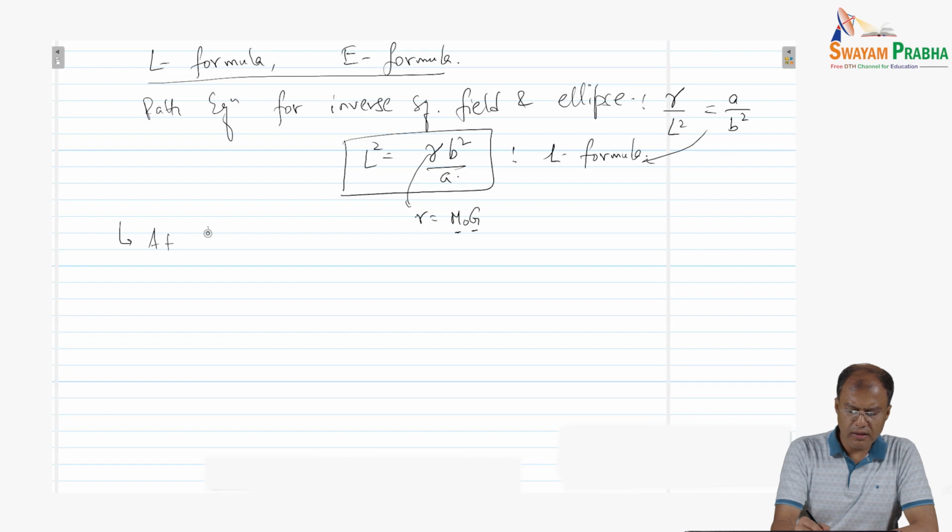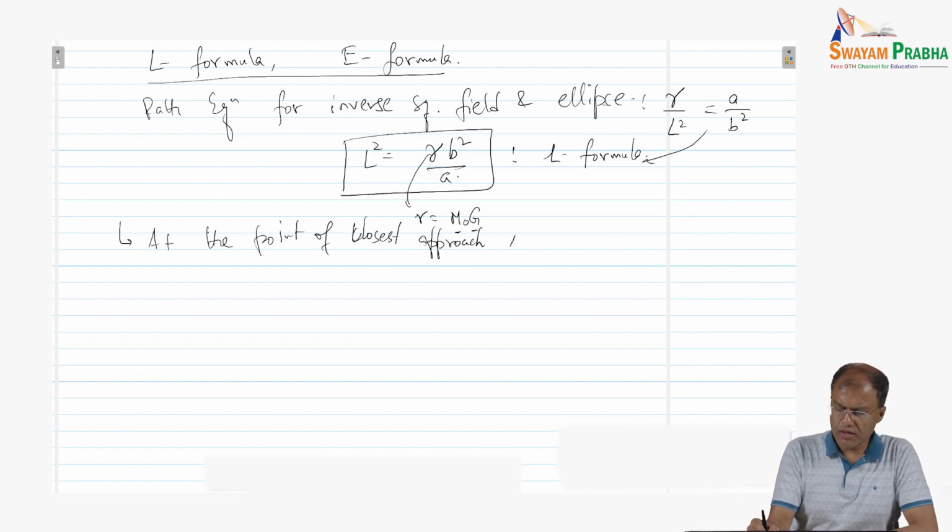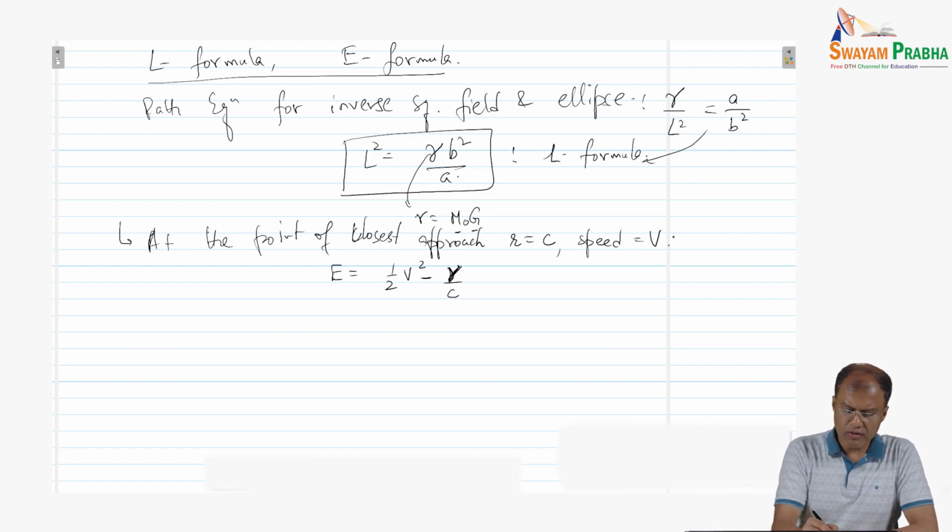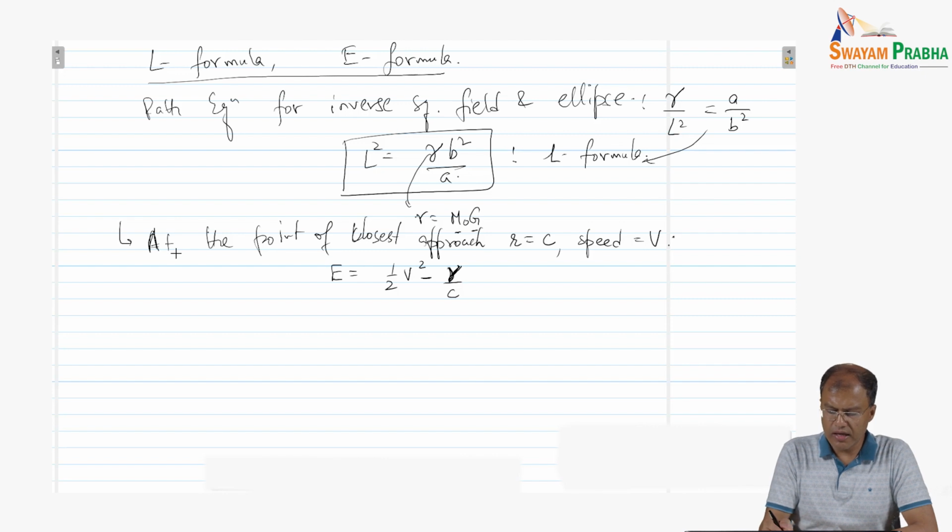Then suppose we look at the point of closest approach, let us say at r equal to c, the speed is v. We have that energy E is given by half v square minus gamma over c. At the point of closest approach, r is equal to c and E is this quantity.